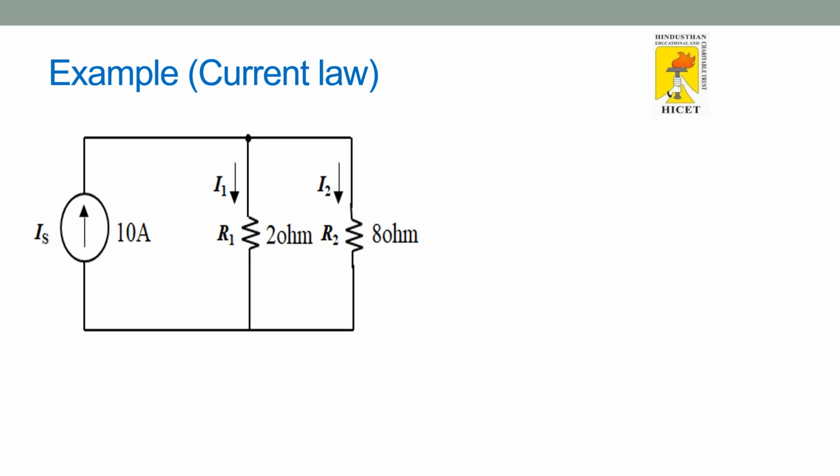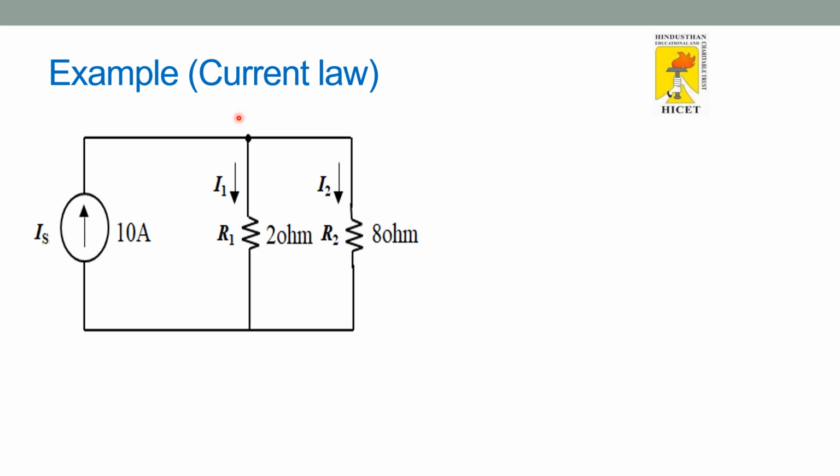Example for the current law. We consider a circuit with a 10 ampere current source and resistances of 2 ohm and 8 ohm connected to it. This point is considered a junction or a node.